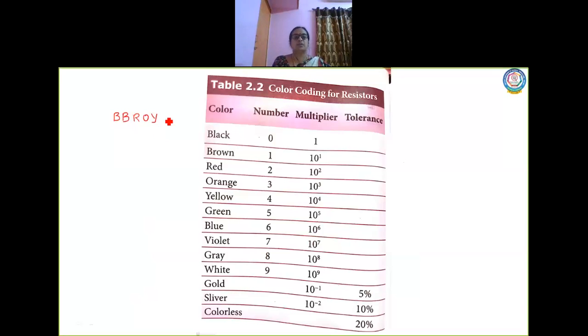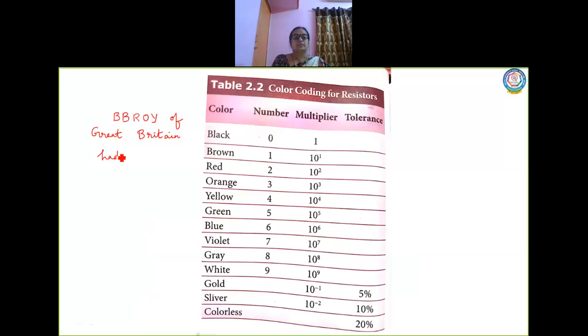B Roy of Great Britain. Hope you can remember this sentence very easily. B Roy of Great Britain. I have written till the first few colors. B R O Y, Great Britain.